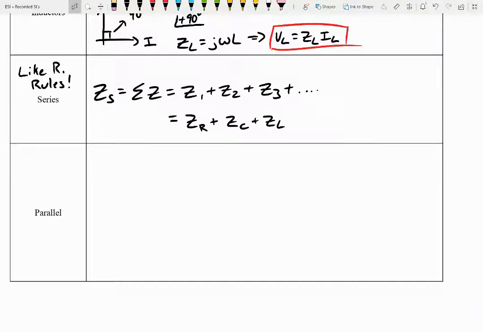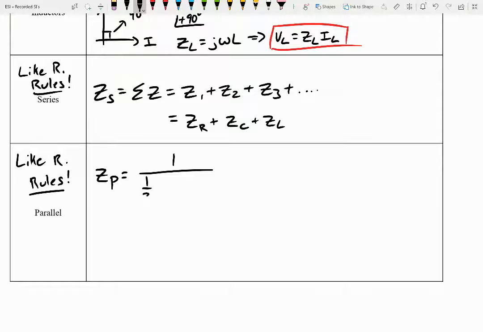Okay. What about parallel? So parallel, like we said, these are in units of ohms. So these are also like resistor rules. So Z parallel will just be equal to 1 over Z1 plus 1 over Z2 plus 1 over Z3 plus dot dot dot.